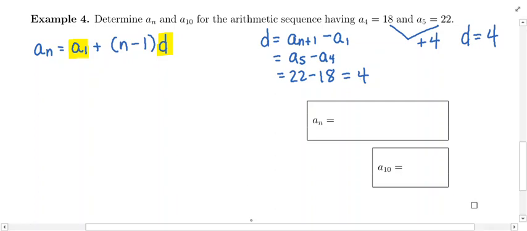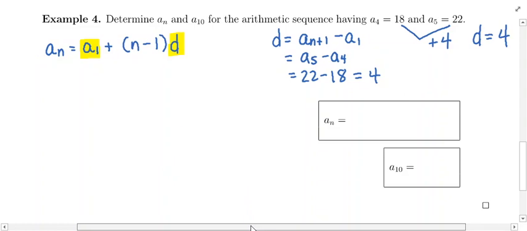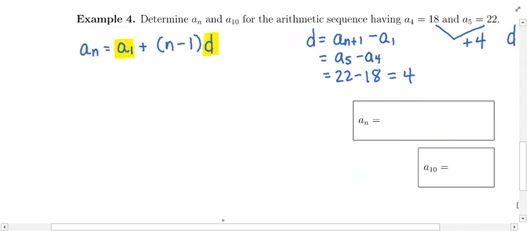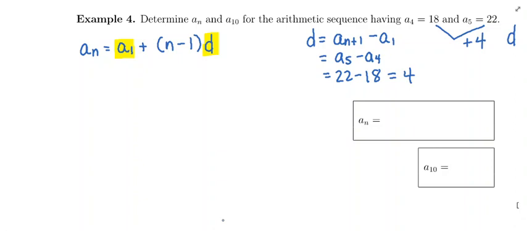All right, so we know the d value, but we need the value of a1. Well, how can we get that? Well, the only way I see is to do good old-fashioned addition and subtraction here. We know a4, we know a5, we know the common difference. Go backwards in the sequence to figure out a1.